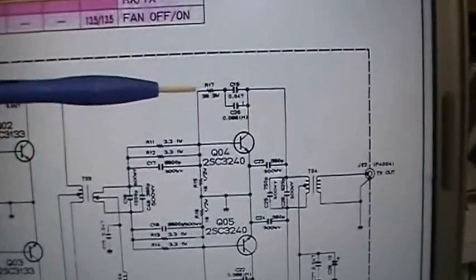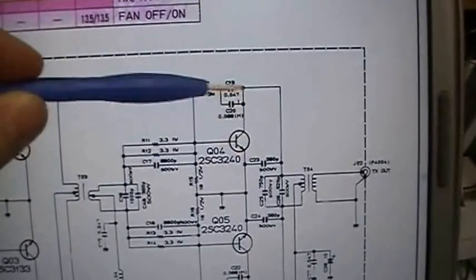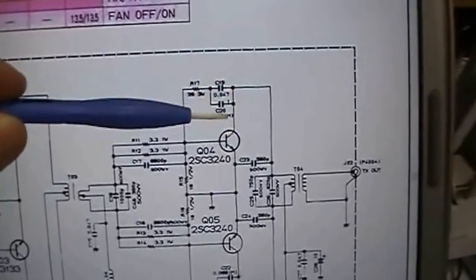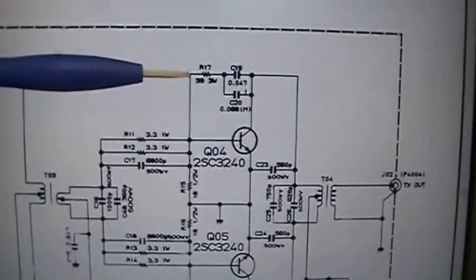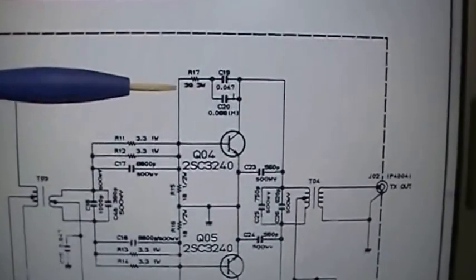If we put a little coil in here, we reduce the feedback, and if we do so, we have a good chance to stop self-oscillation.